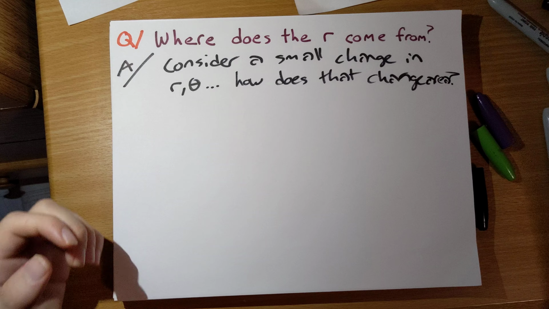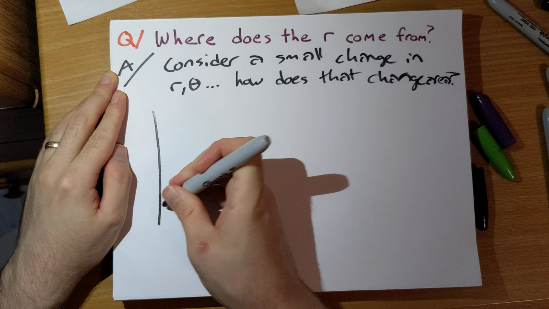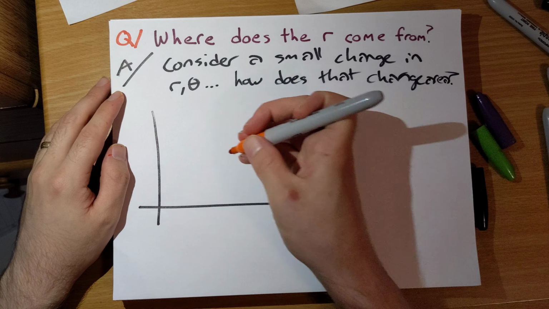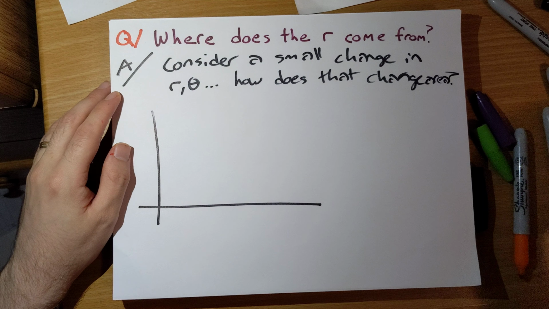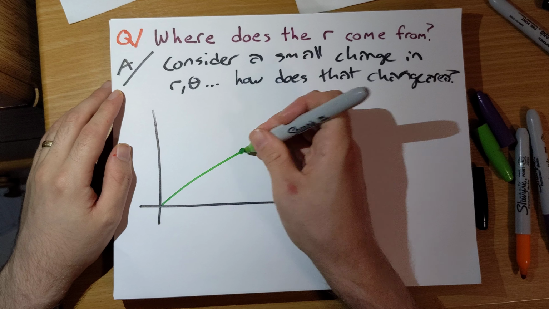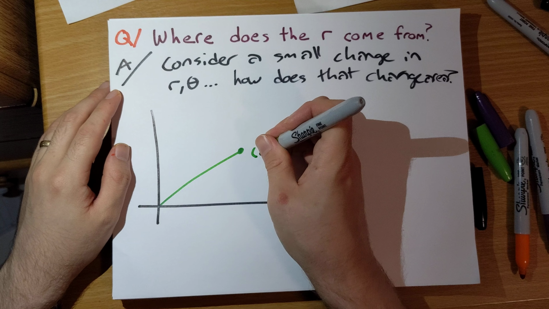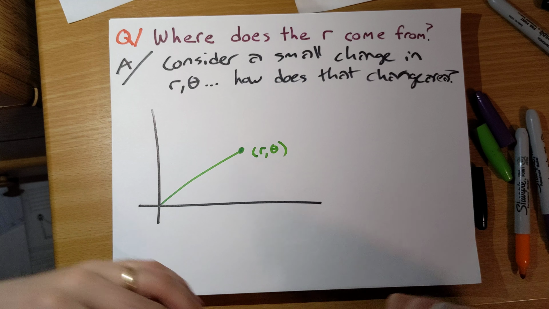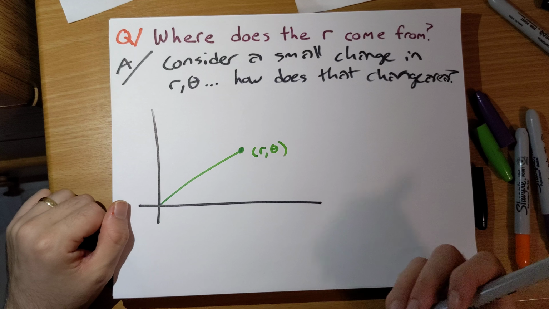So the picture that I'm going to draw here, I'm going to assume right now that we have some fixed value. Right now we're at this r, theta point, and I want to make a small increase in theta, and a small increase in r, and I want to see how much extra area I get from this.